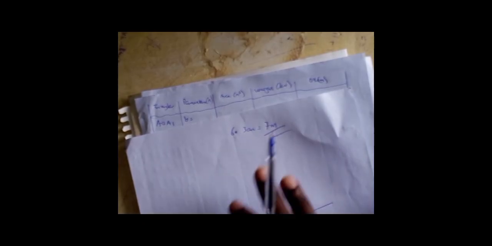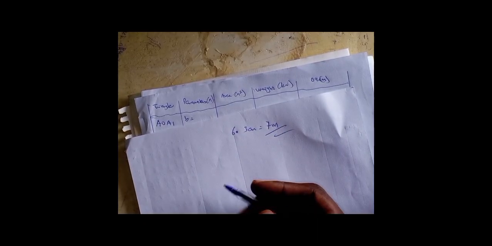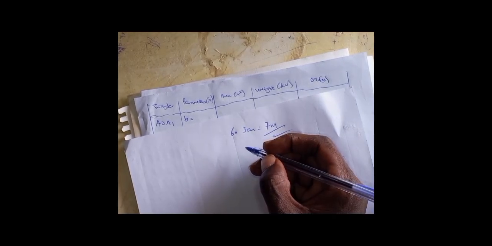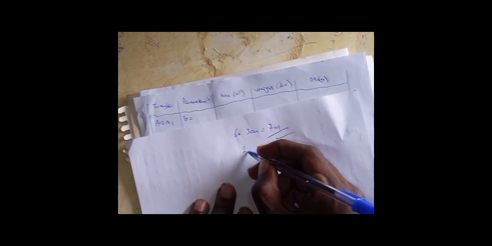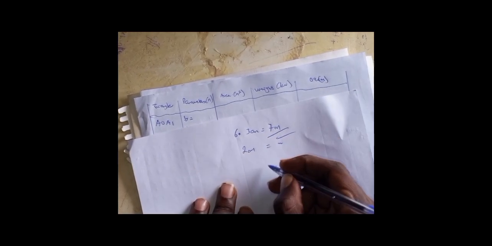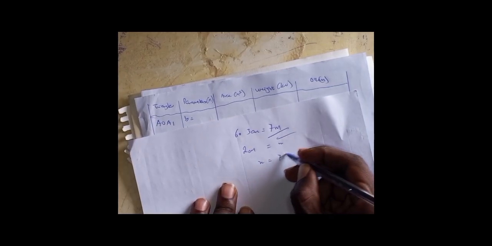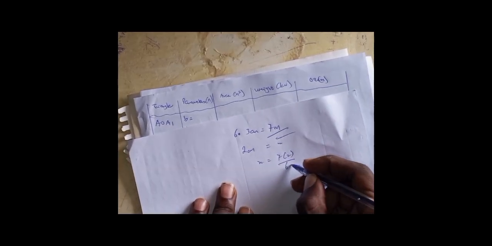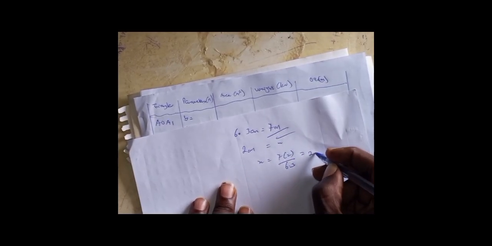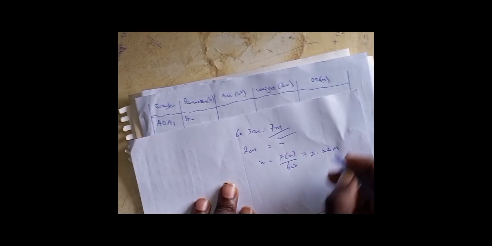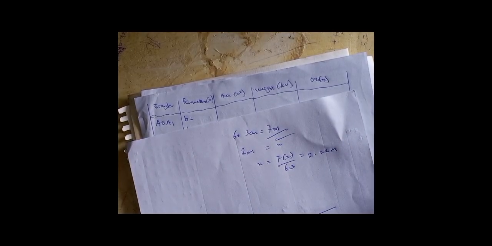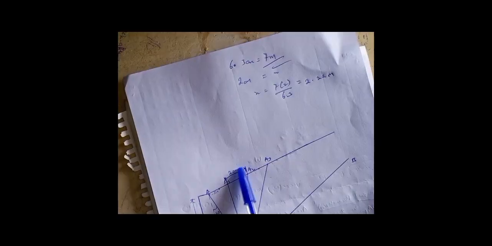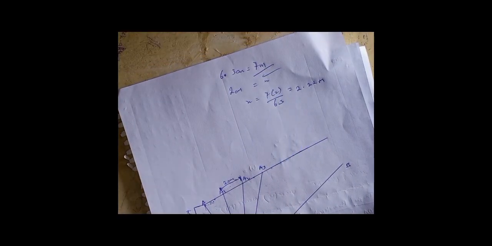We established that 6.3 centimeters is equal to 7 meters. What this means is that 2 centimeters will equal to, let's say, x. Then I have 7 by 2 by 6.3, and this gives me 2.22 meters. So in essence 2 centimeters is simply 2.22 meters per my scale.